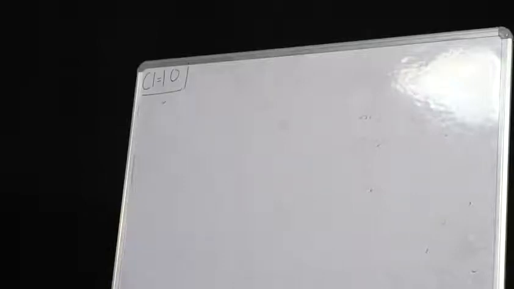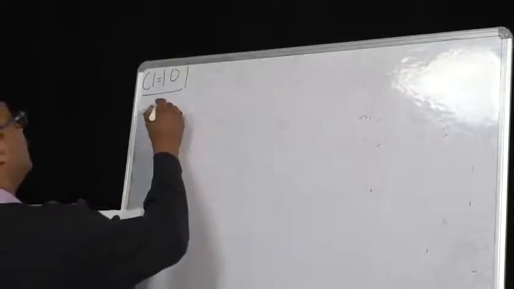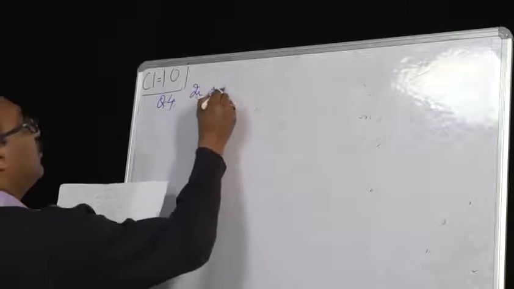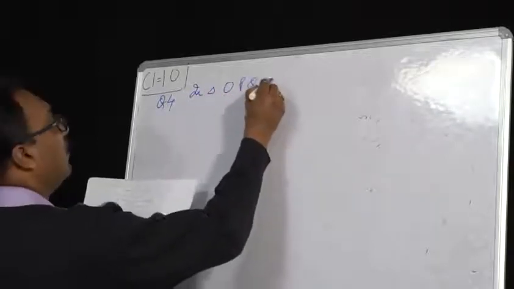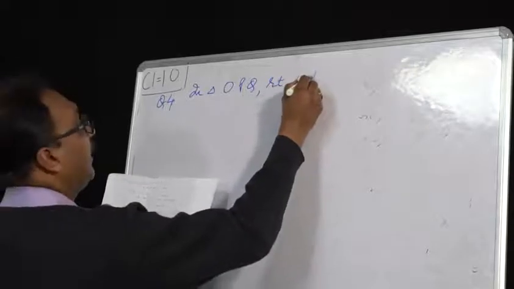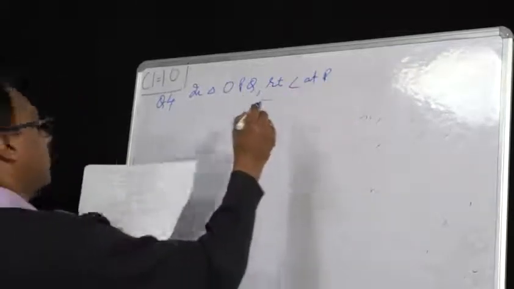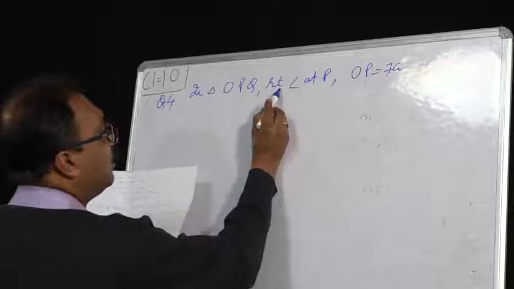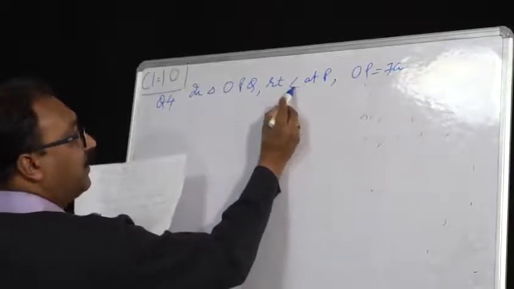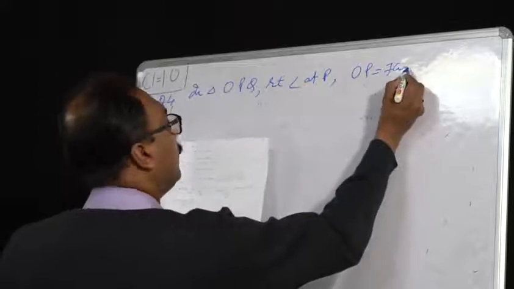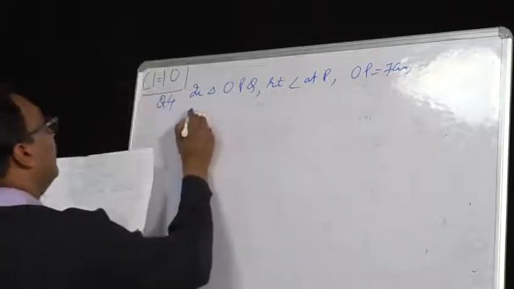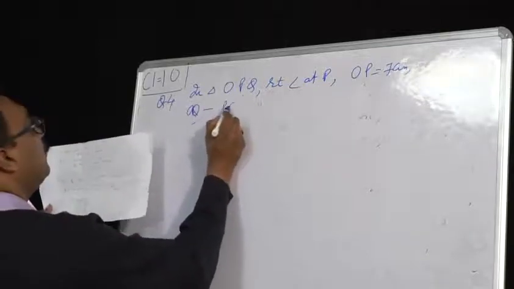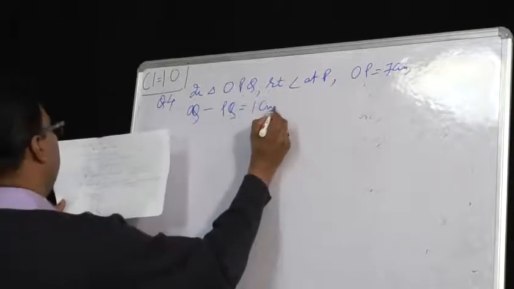Okay, the last question. In triangle OPQ, right angle at P. This is the symbol I used. OP is equal to 7 centimeter. RT dot is the symbol of right angle at P. OQ minus PQ is equal to 1 centimeter.